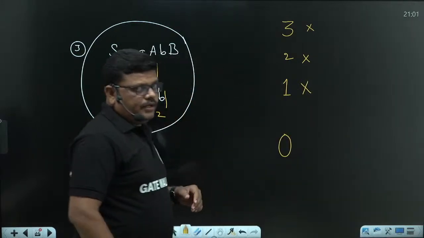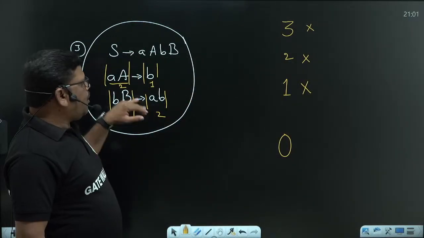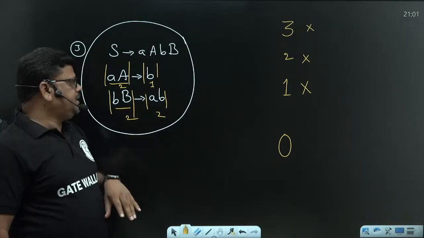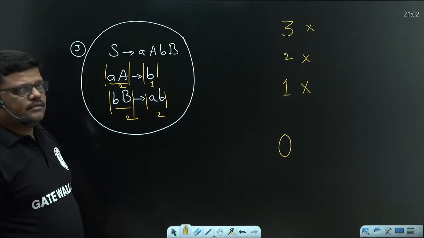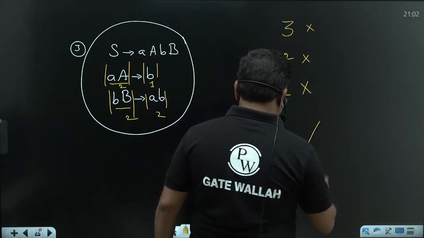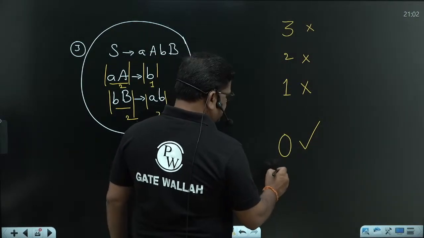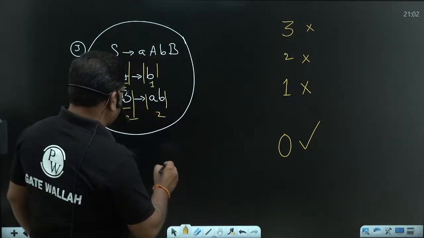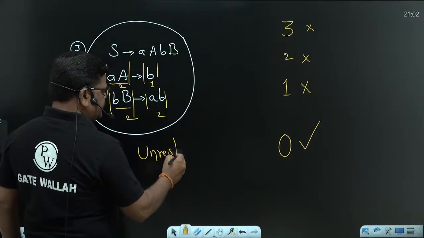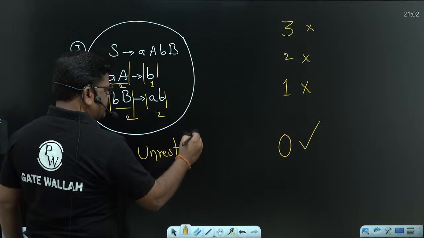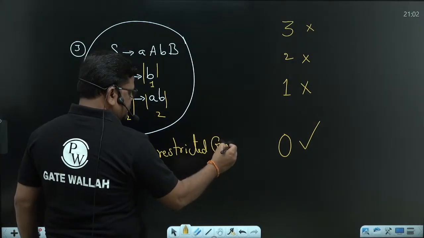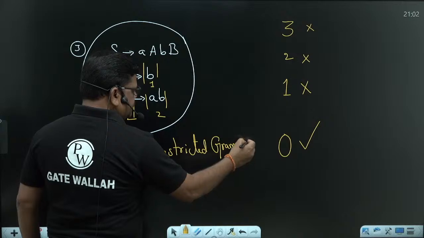So in type 1, the left side should be equal or lesser, and the right side greater or equal. But here the right side becomes lesser. Type 1 also fails. So this is type 0. The name for this grammar is unrestricted grammar. So it falls under the category of unrestricted grammar.